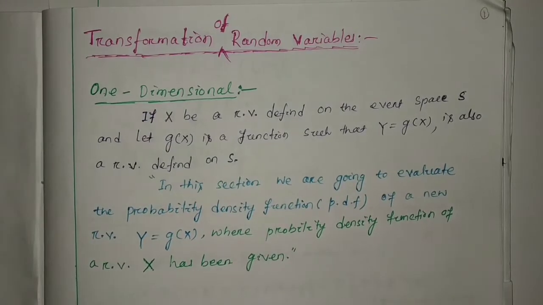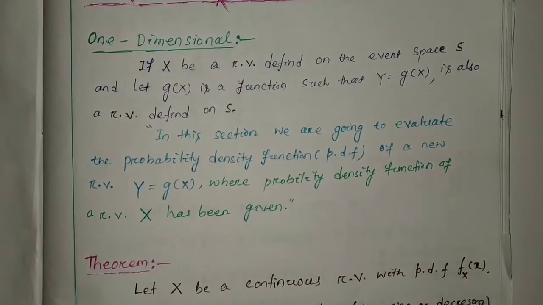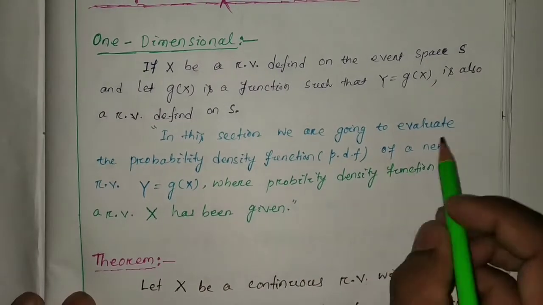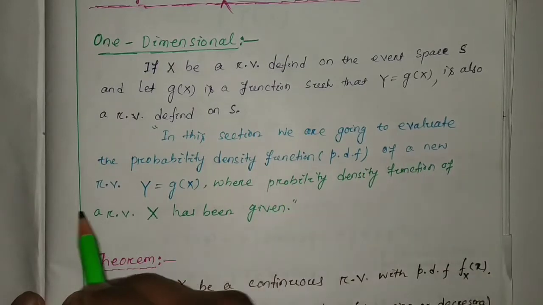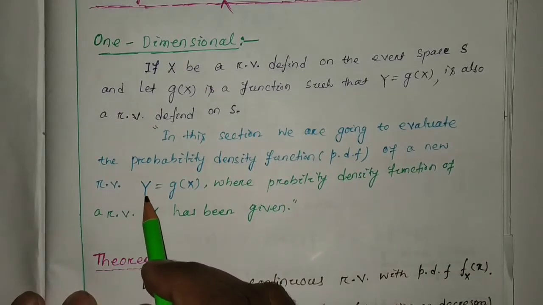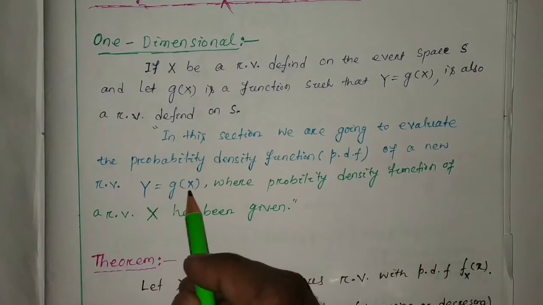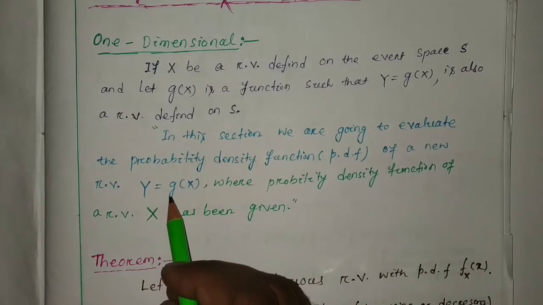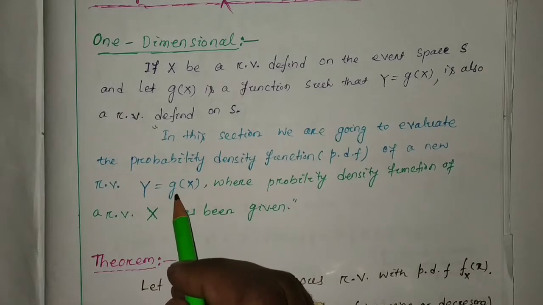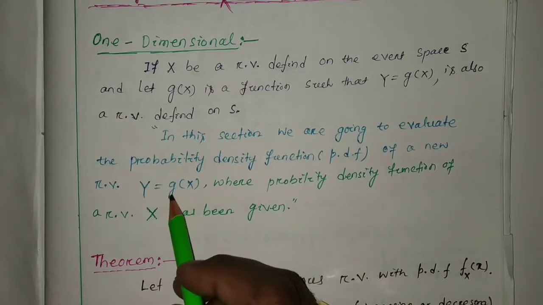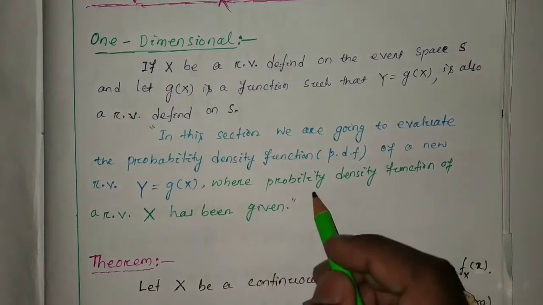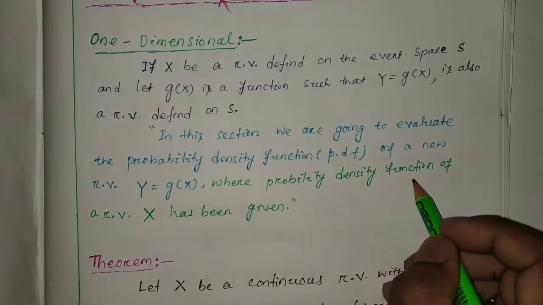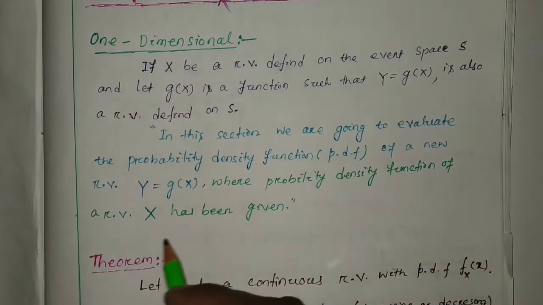Okay, so in this section mainly we are going to evaluate the probability density function, or PDF, of a new random variable y, which is a function of x, y equal to g(x) or y equal to f(x), where the probability density function of the random variable x has been given.